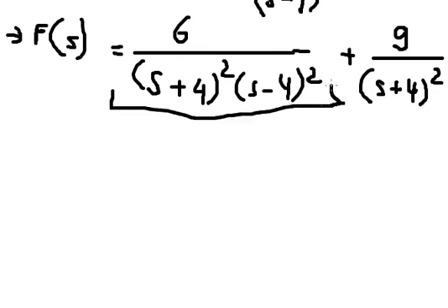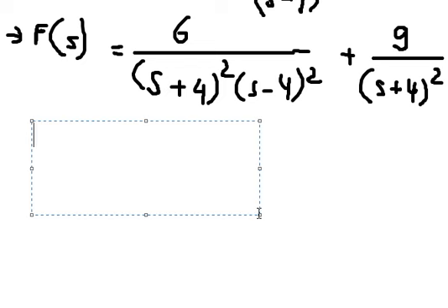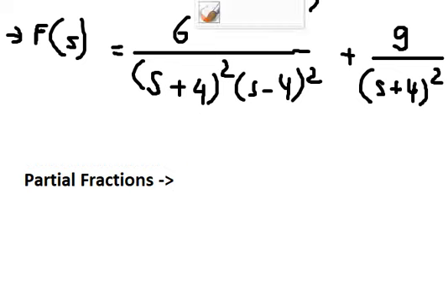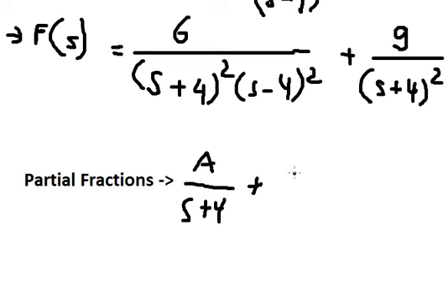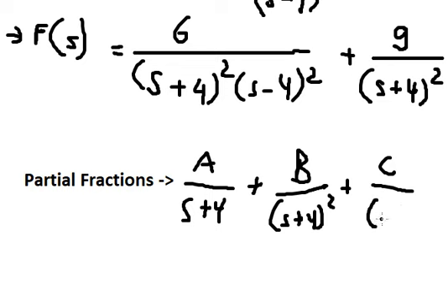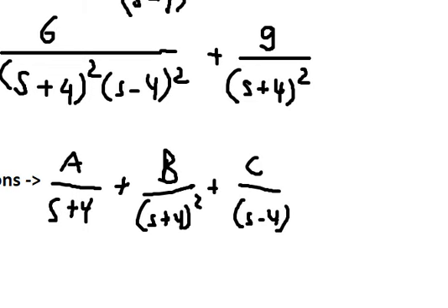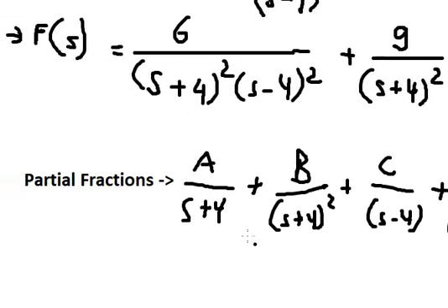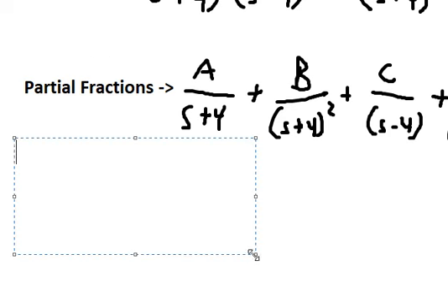So for this one, we need to use partial fractions. We can set up A over s plus 4, B over s plus 4 to the power of 2, C over s minus 4, and D over s minus 4 to the power of 2. So you can do the common denominator here.